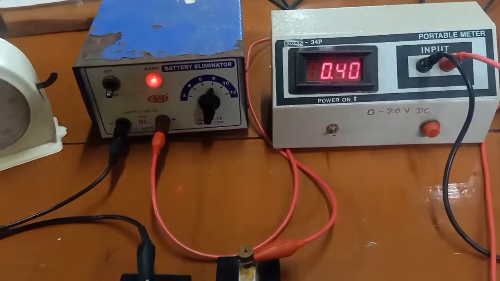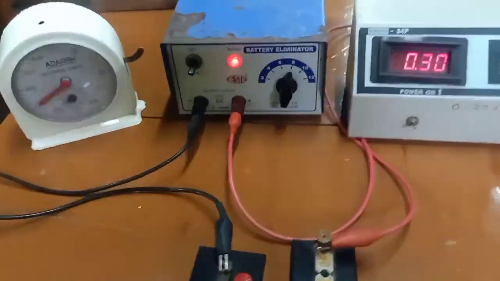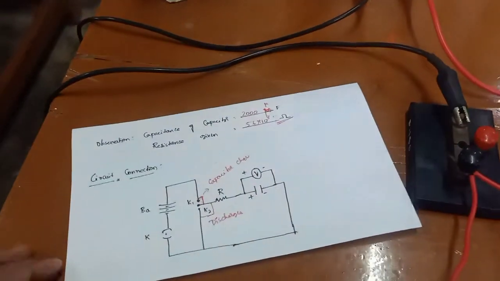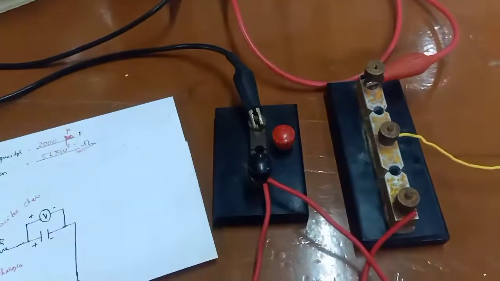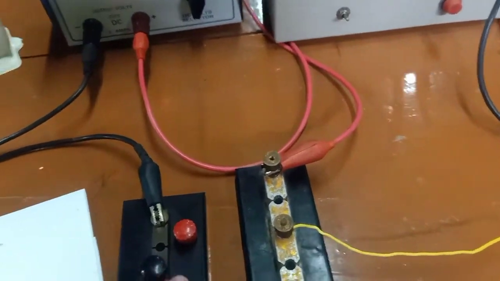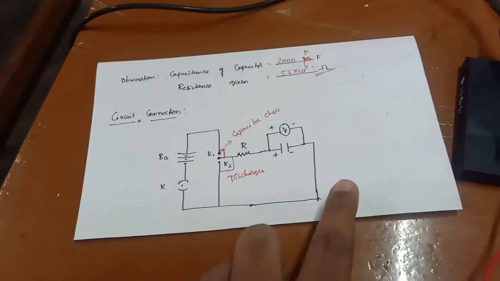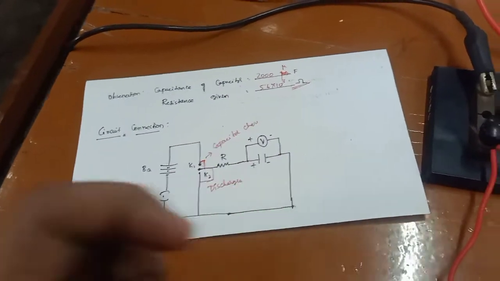I will just start the experiment by turning this on. Initially, I will explain the circuit once again. Battery negative is connected to the plug key, and one terminal is connected to the K2 terminal, and another key terminal is connected to the junction between the voltmeter negative and the capacitor negative.